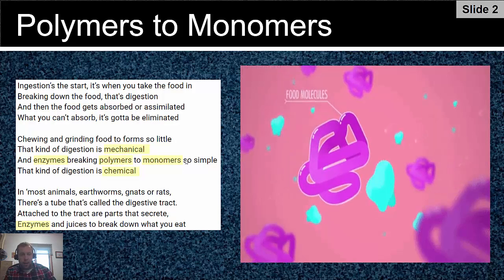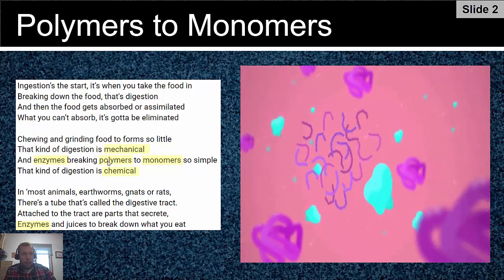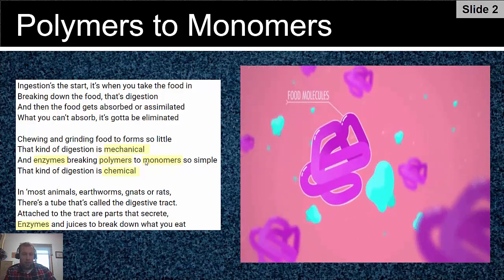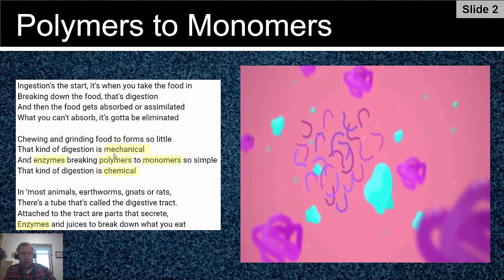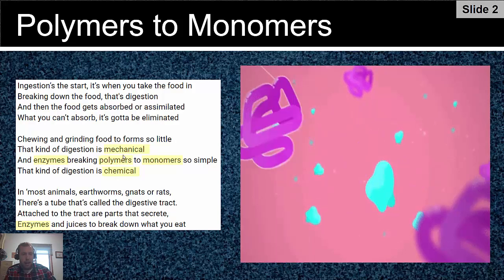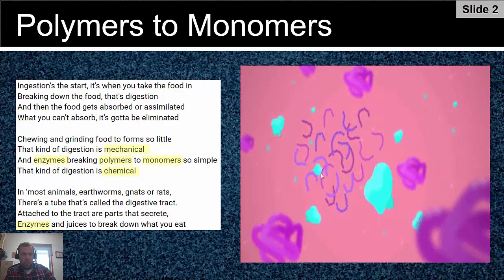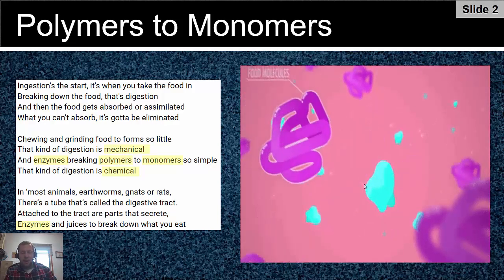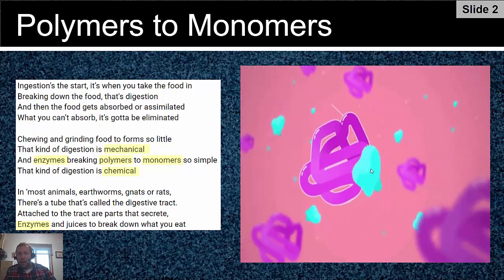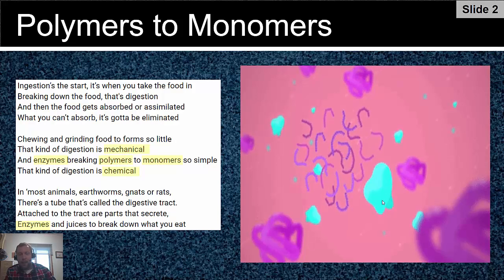The larger molecules are called polymers. Poly is a root word for many. Mono is a root word for one. So you're breaking these molecules with many things into tiny little molecules with just one thing or smaller things. That's chemical digestion. This would be an enzyme in your mouth, even in your saliva, that does that.